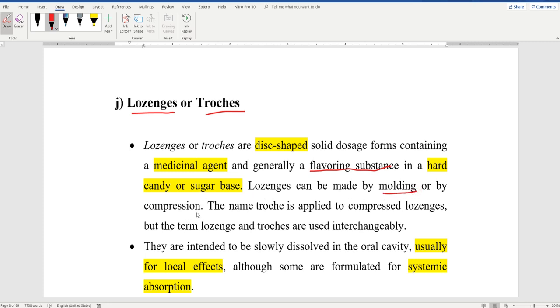Usually if it is prepared by compression, we call it troche. Okay, يعني troche is usually applied to the compressed lozenges. Lozenges معناته it's molding, but it can be also compressed. When lozenges are compressed, we call it ايش؟ troches.